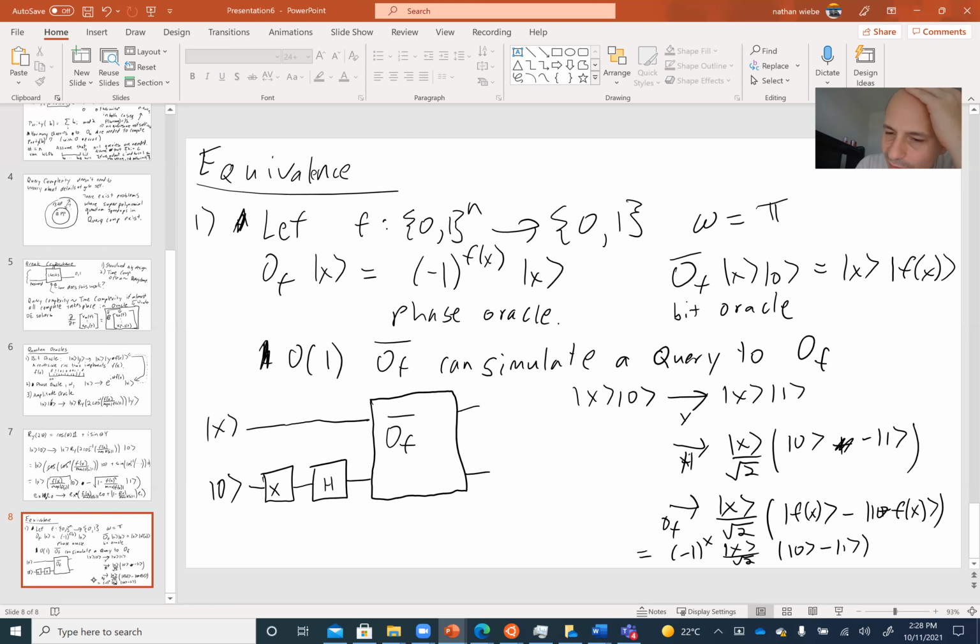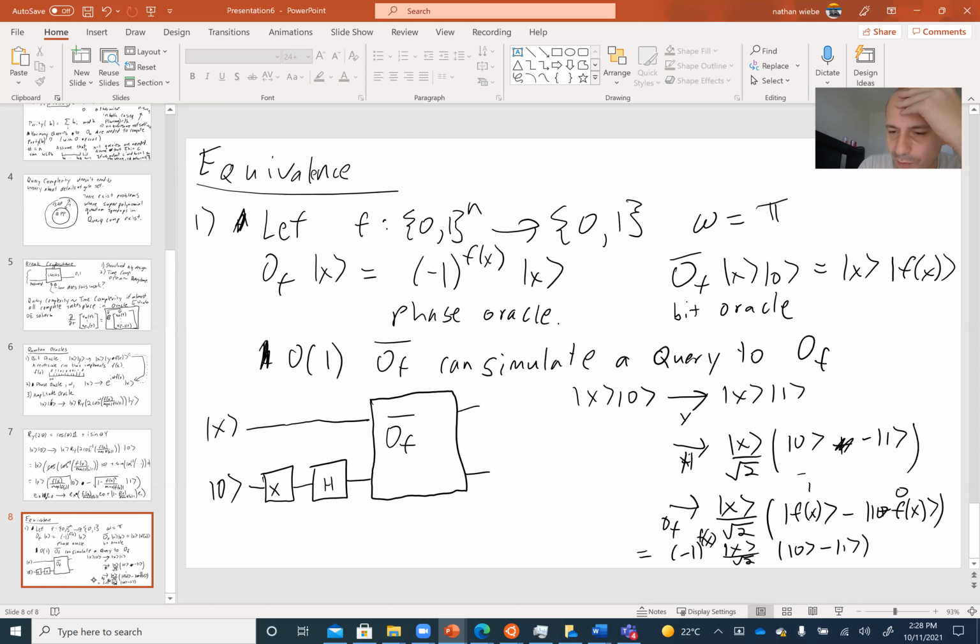Now, why do I say that? Well, (-1)^f(x). Let's say f(x) is equal to 0. Well, if f(x) is equal to 0, then we have that these two expressions are exactly the same. If f(x) is equal to 1, on the other hand, then this is |1⟩, and that's |0⟩.